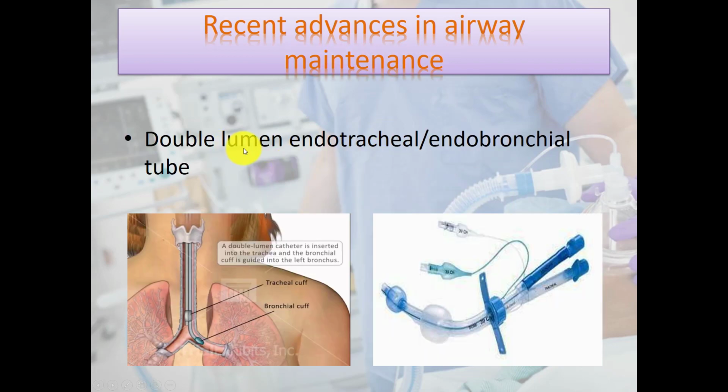Another thing is the double lumen endotracheal tube or the endobronchial tube. Here you can see that there are two channels. One channel is like here and the other channel is here.